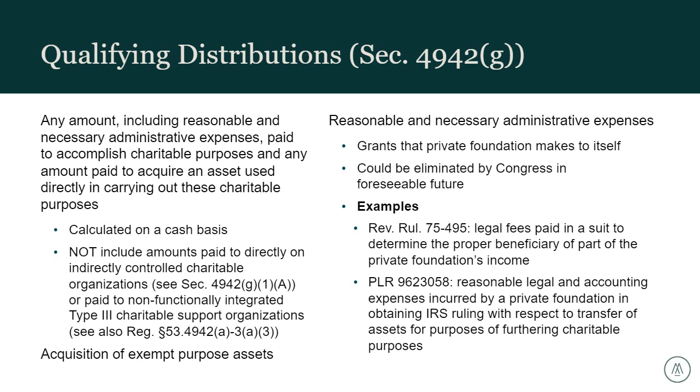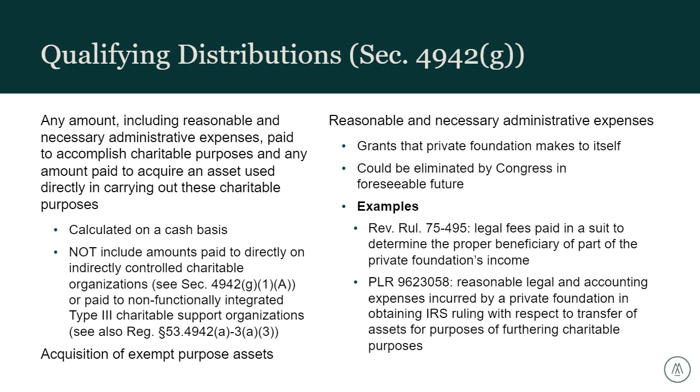But you can also use expenses that are reasonable and necessary to accomplish the charitable purposes of the foundation, or amounts that are paid to acquire an asset that's used in carrying out those charitable purposes.